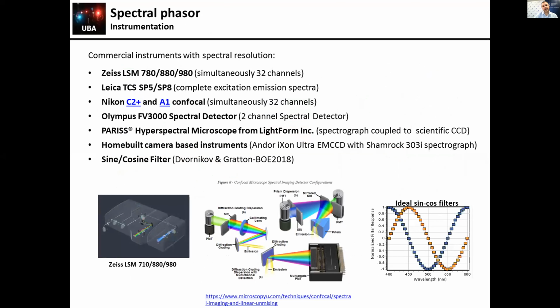So which are the instruments that we have in the market and which are the developments that enable us to do phasor? Well, there are different brands, like Zeiss has the 780, 880, and the 980 with truly spectral imaging, 32 channels in parallel, which is similar to this array that I show here. And this is the example.